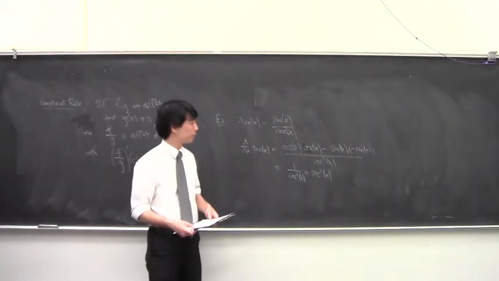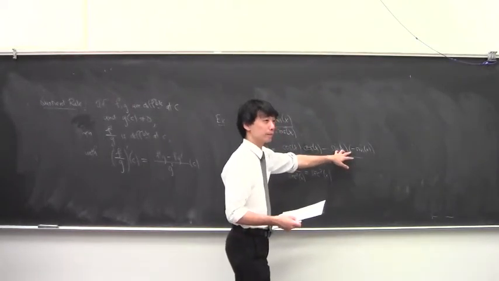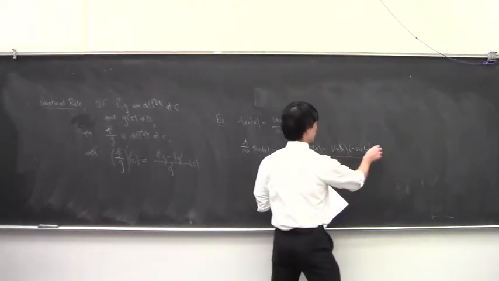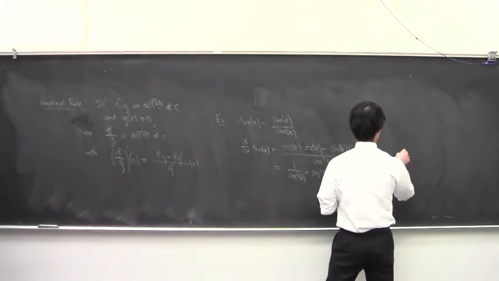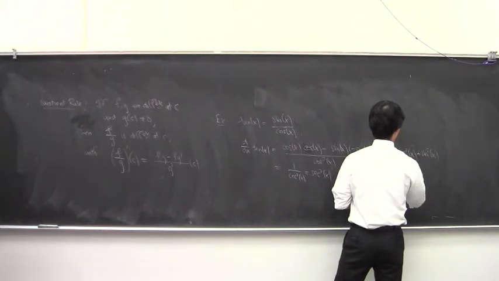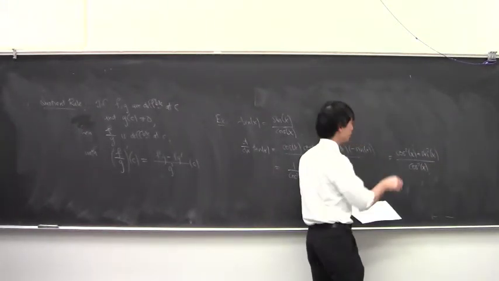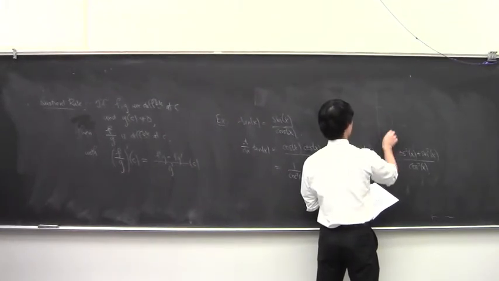How'd you get to that 1? Cosine squared plus sine squared. So this top thing here is cosine squared plus sine squared. And what's cosine squared plus sine squared? Well, remember what cosine and sine are.